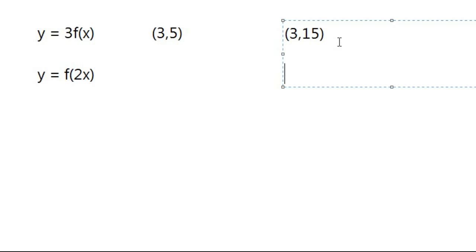So you'll have to do a divide by 2 of the x value, which you had 3. It's now 1.5 because of the division by 2, and the y value remains unchanged. So that is this question completed.